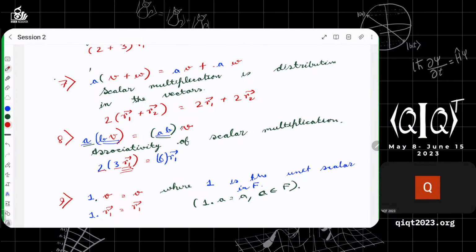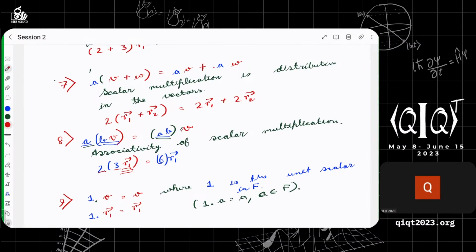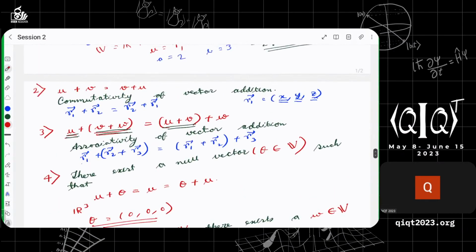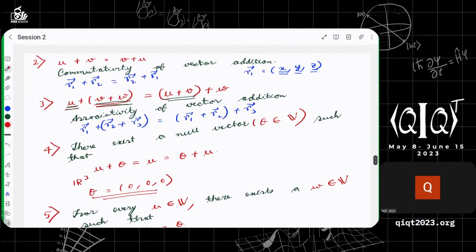Now, you might say that, okay, why are we writing these rules? These are very trivial, that vectors will be commutative, associative. Yeah, you are saying that because you are mostly familiar with real spaces, those of you who are starting out. But there might be structures where commutativity, associativity are not so obvious properties. So that's why we have to lay down some rules for when we will call some set a vector space, or when we will not.